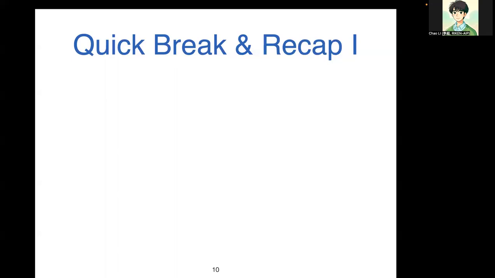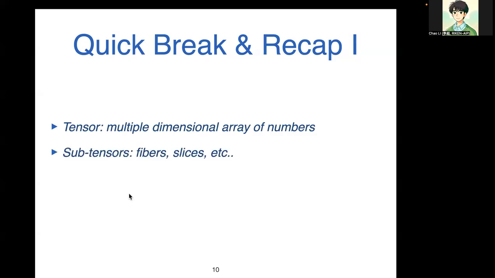Alright, let's take a quick break here and do a recap of what we've covered so far. We started with the definition of tensor. Basically, a tensor is a multidimensional array of real numbers. We looked at subtensors like fibers and slices.